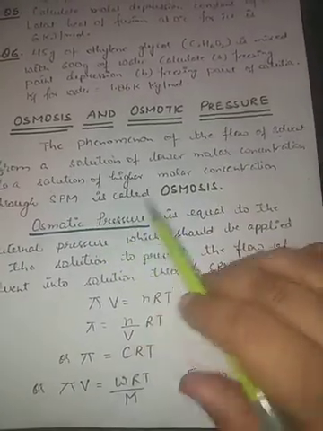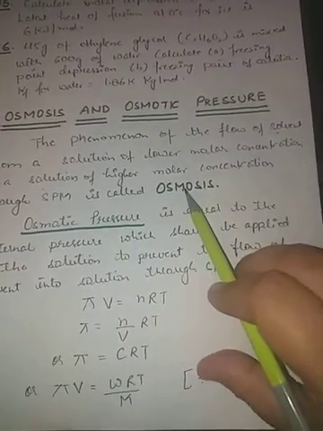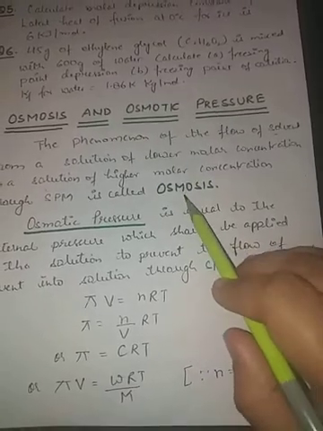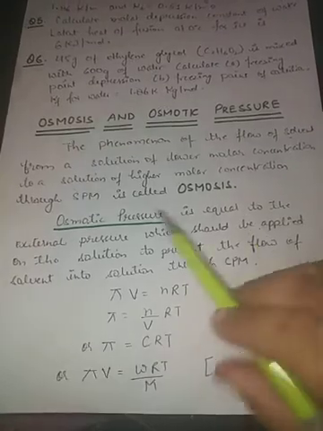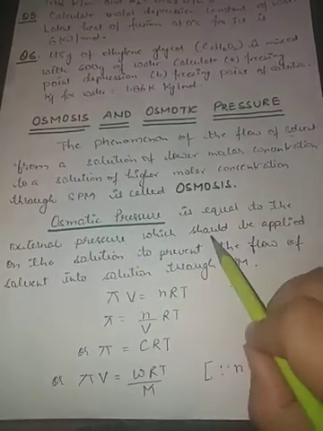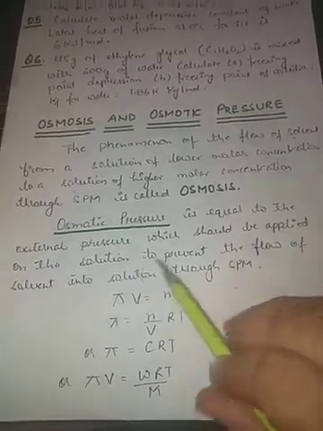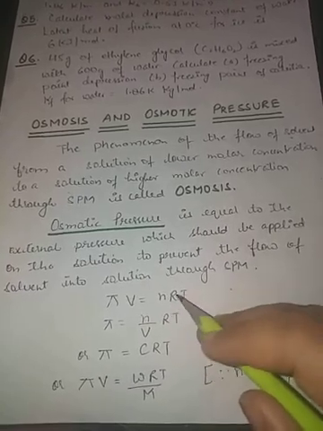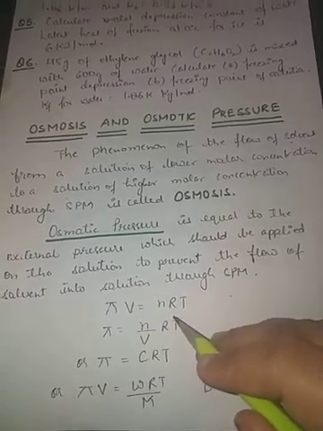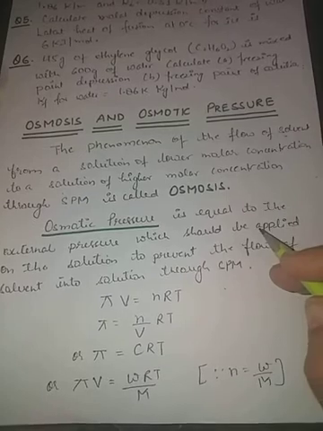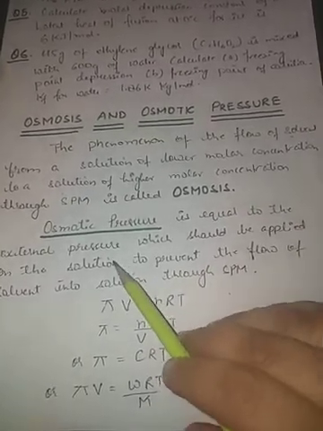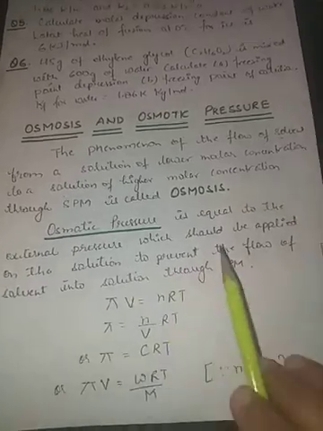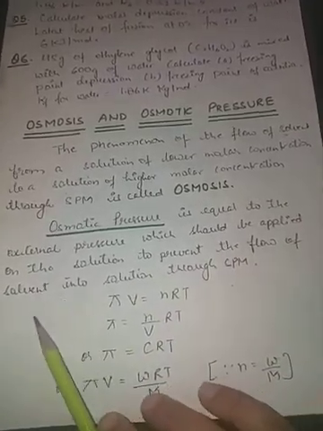Now osmotic pressure: the process of osmosis is taking place, but to stop this process, osmotic pressure is applied, that is equal to the external pressure which should be applied to the solution. Suppose on one side we have a pure solvent, and on the other side we have a solution. So on the solution side this pressure is applied to prevent the flow of the pure solvent.